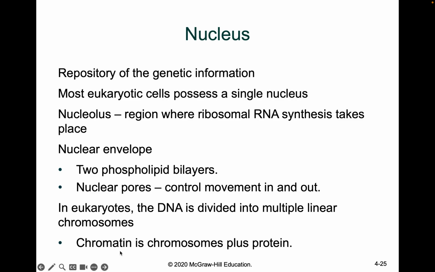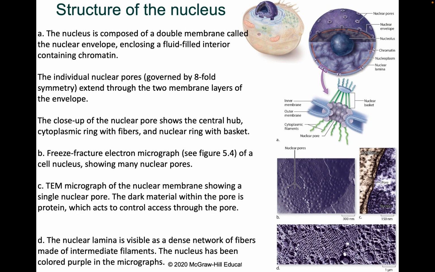So when anyone says chromosomes, the first thing that comes to your head is the linear DNA. When someone says chromatin, it's the DNA plus the proteins helping it to fold. So that's what is found in the nuclei of eukaryotic cells, these chromosomes, while in prokaryotes, it's more circular.